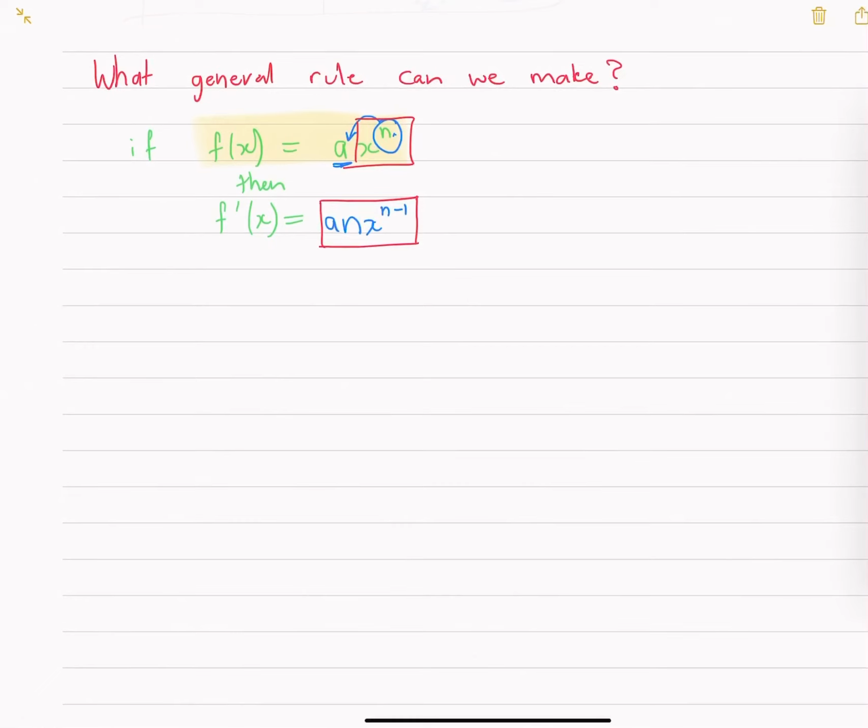So if we have our general rule now, if f of x is equal to 3x to the power of 5, then to process that is actually a pretty straightforward step. The first thing I want to do is think about bringing this down and multiplying whatever's out the front. If there's nothing out the front, there's actually a 1 there.